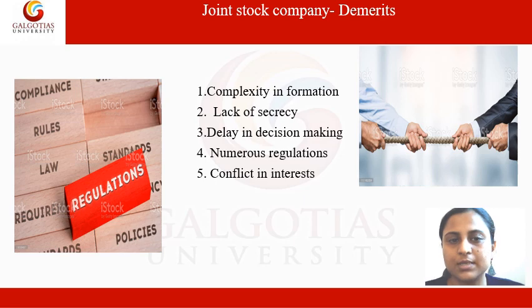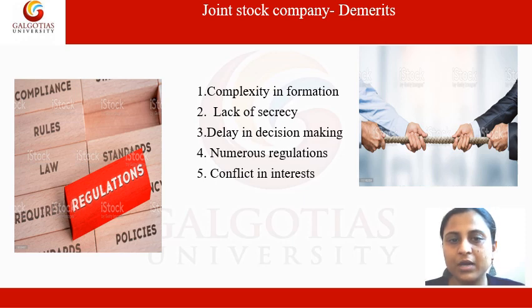Second limitation is lack of secrecy. So the Company Act requires that each public company needs to provide from time to time a lot of information to the office of the registrar of the companies. So this way the information is available to the general public.